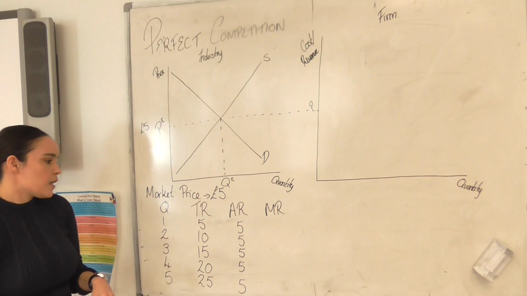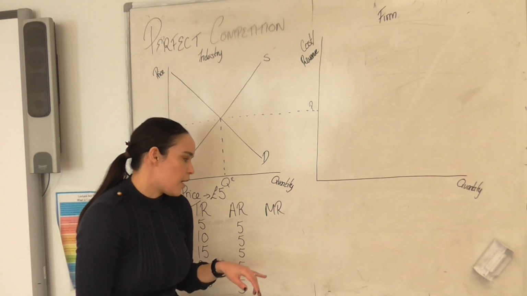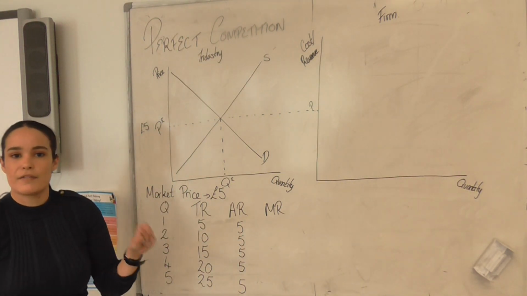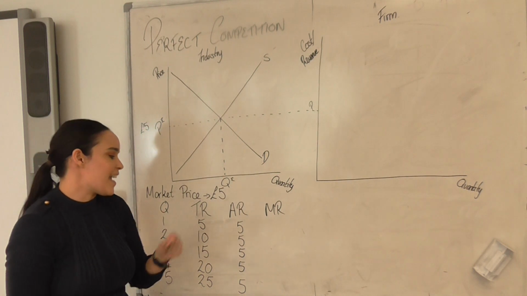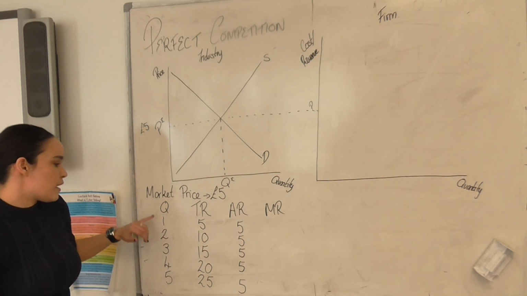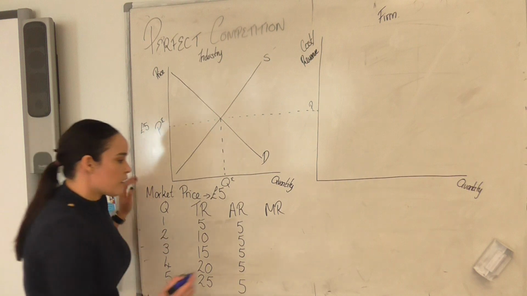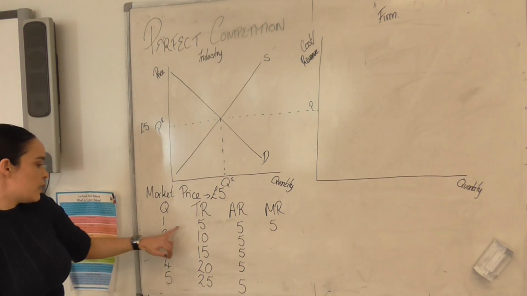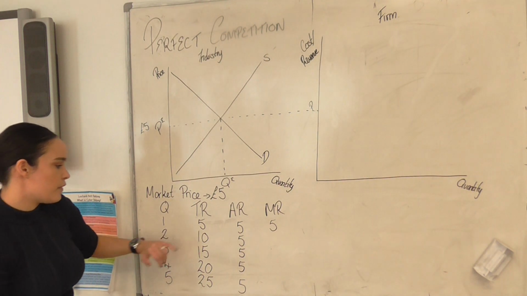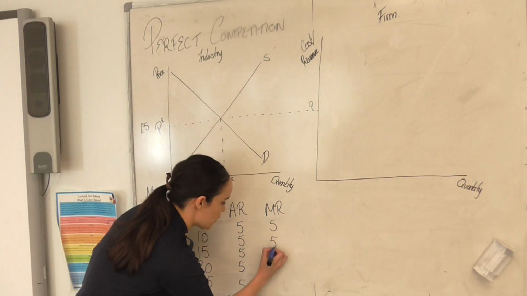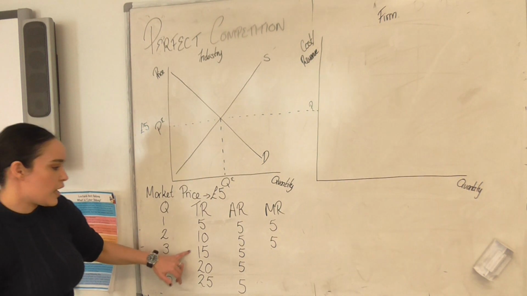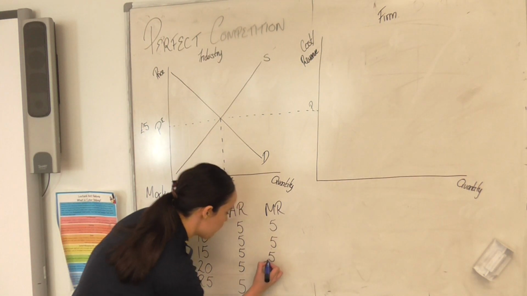Now our marginal revenue, as we know, our marginal revenue is just our additional revenue for selling 1 extra unit. So from 0 to 1 we've gained £5 of marginal revenue. From 1 to 2 we've gained £5 of marginal revenue. From 2 to 3, we've gained £5 of marginal revenue.